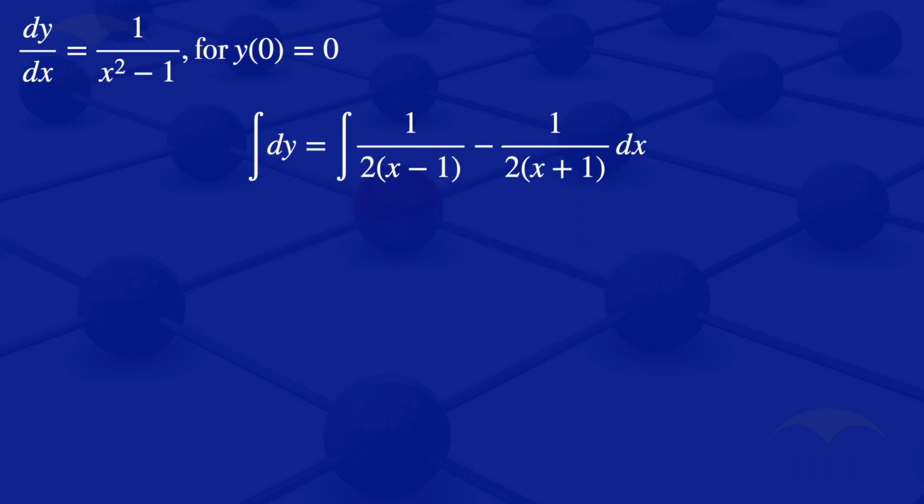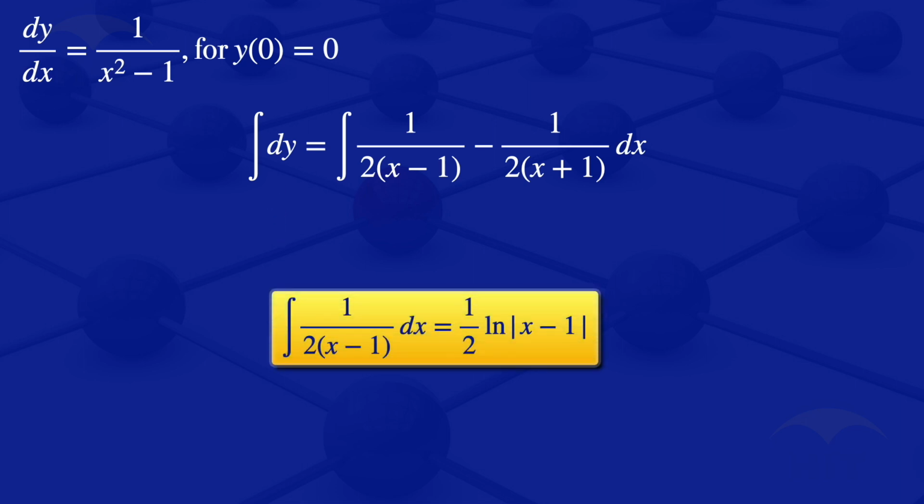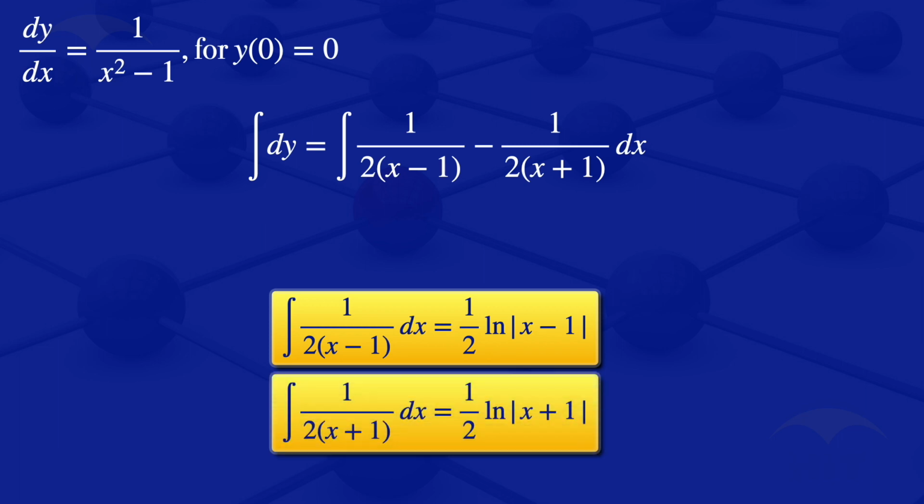And on that equation, if we look at the left-hand side, the integral with respect to y will just give us y. The integral of 1 divided by 2 times x minus 1 with respect to x will give us a half multiplied by ln of x minus 1. And the integral of 1 divided by 2 times x plus 1 with respect to x will give us a half multiplied by ln of the absolute value of x plus 1.